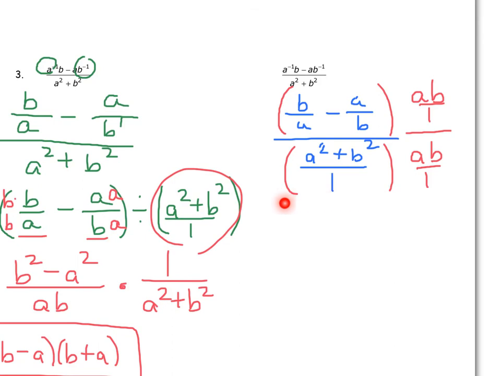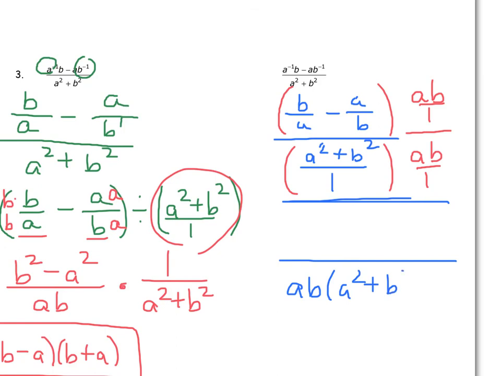Down here, I'm going to multiply through, but I'm just going to leave it in a factored form. So here I'm going to put this down here, and as I said, in the denominator here, I'm just going to leave it as ab times a squared plus b squared.